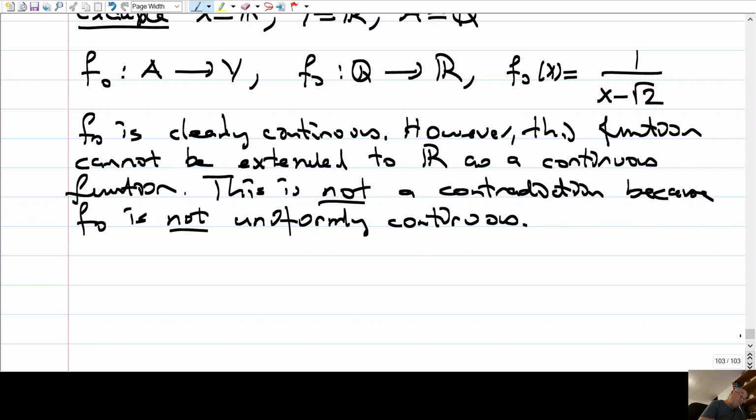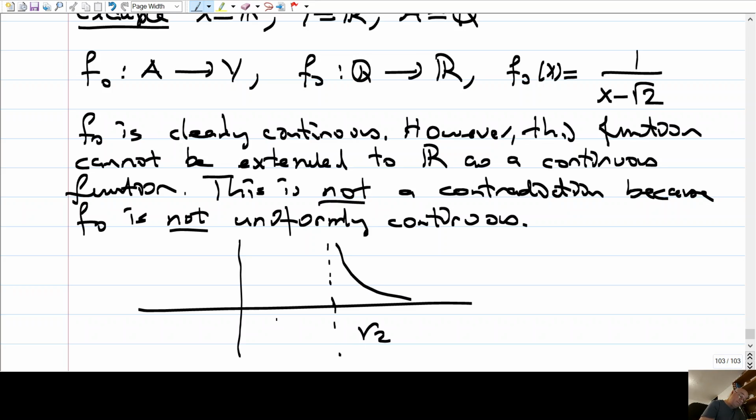The graph of f0 is something like this. It has an asymptote. It is defined on only rationals, but its graph is something like this.